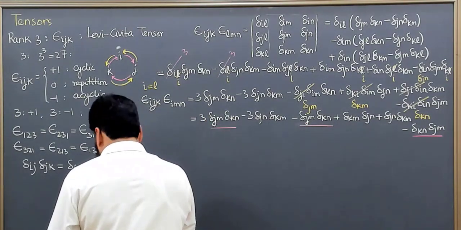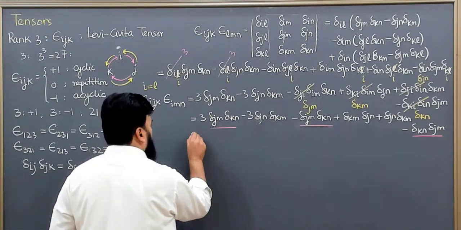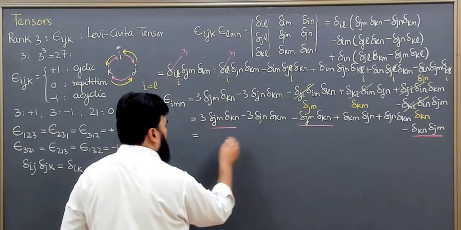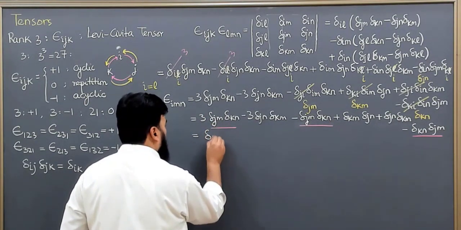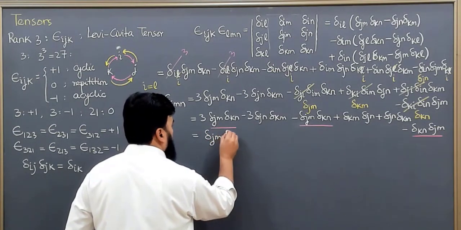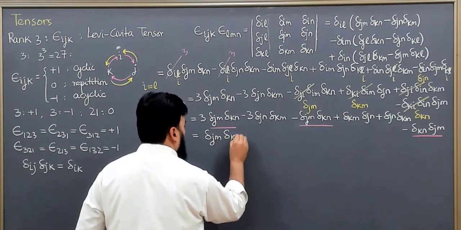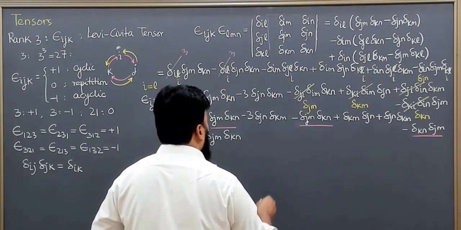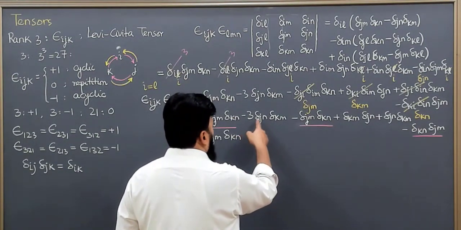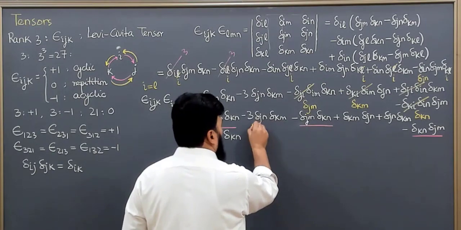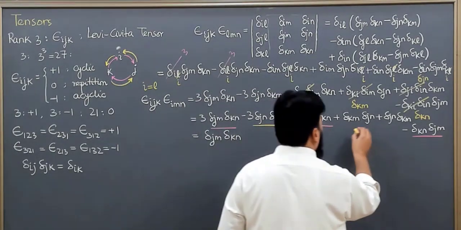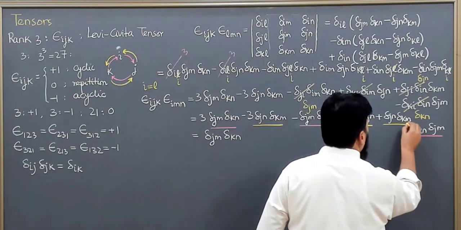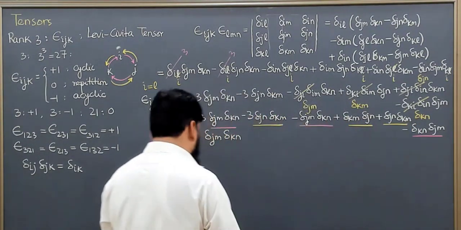So 3 minus 2 will be equal to 1, so delta Jm delta Kn. And then we are having these three terms, Jn Km, Jn Km, Jn Km, these terms.